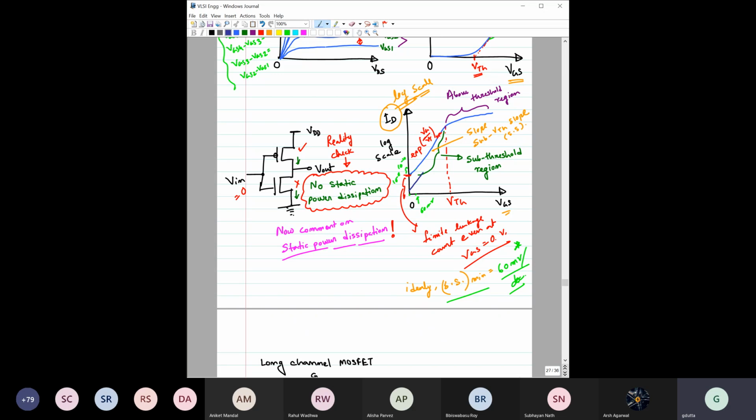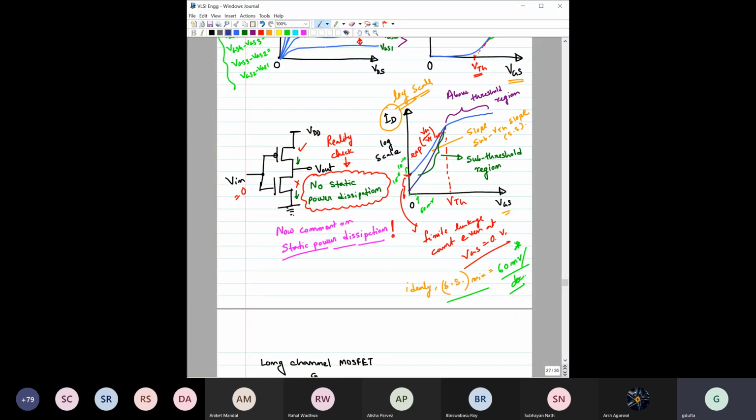This curve can be considered like this. With reduced subthreshold slope, you see the leakage current has significantly reduced. So the static power dissipation due to this leakage current will be significantly reduced because of this reduction in the subthreshold slope.